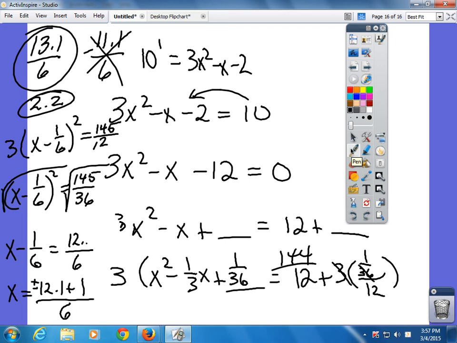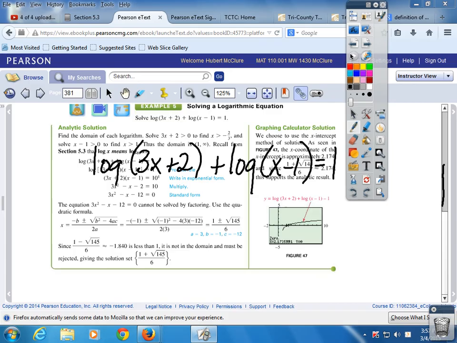I still don't get what y'all got. Y'all said y'all got 3? That can't be right because I've got it right here. Square root of 145 plus 1 over 6. Isn't that what I've got here? Ain't that what they got?